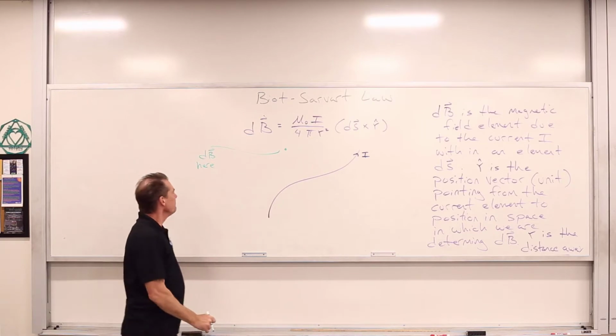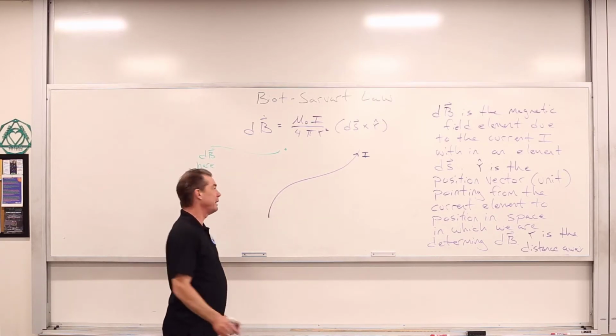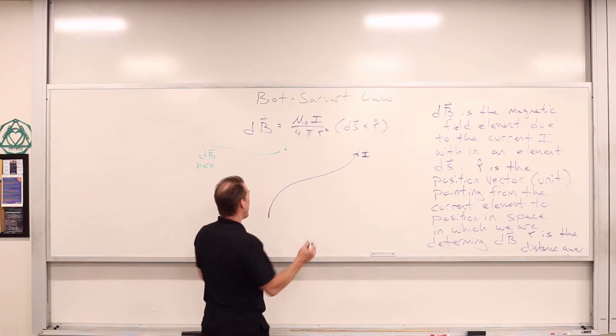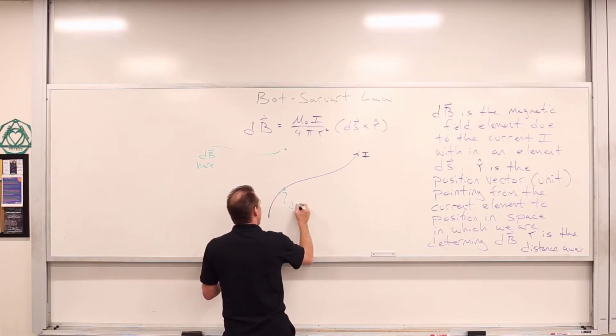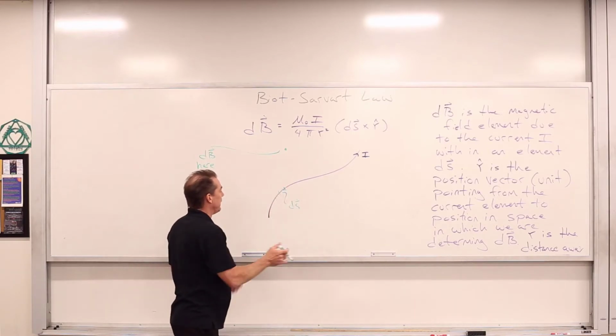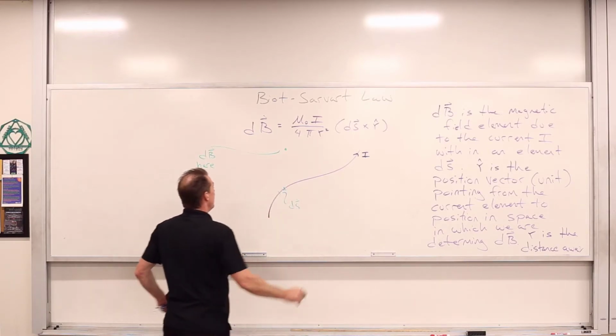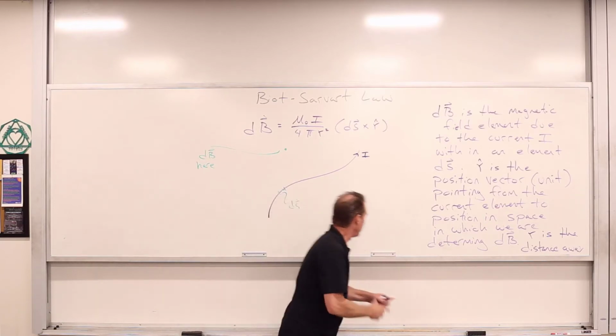What is the magnetic field element due to? Well, due to a particular current element. So we can take ourselves, for instance, some little infinitesimal line element in which that current resides, and say, well, we've got ourselves that current element there.